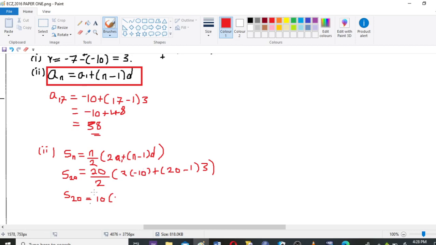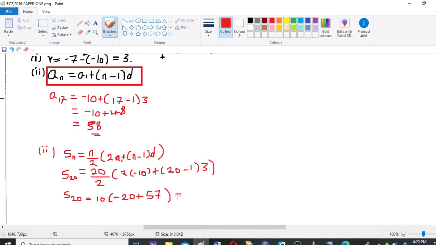Outside here we have 10, that is 20 divided by 2, and then 2 multiplied by negative 10 gives negative 20, plus 20 minus 1, multiplied by 3, so 19 multiplied by 3, which gives 57.